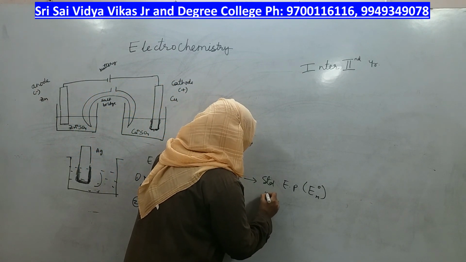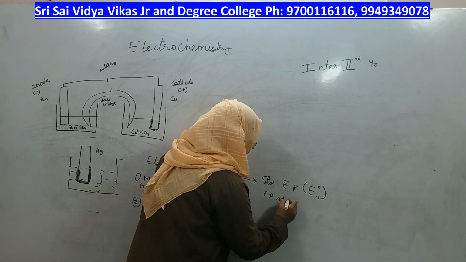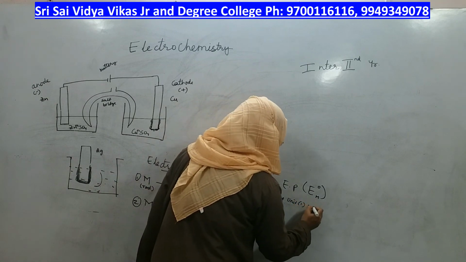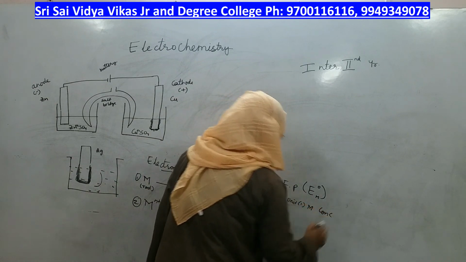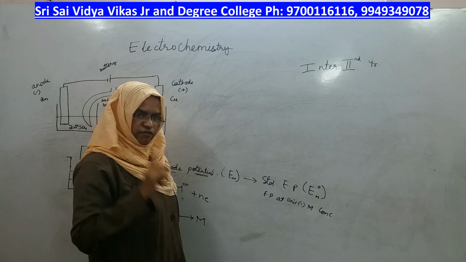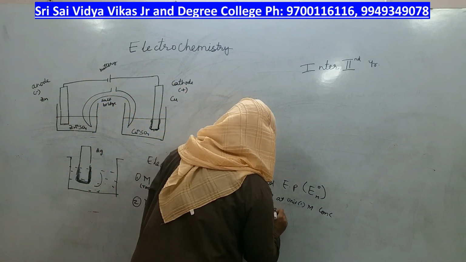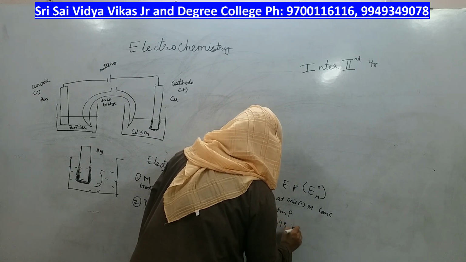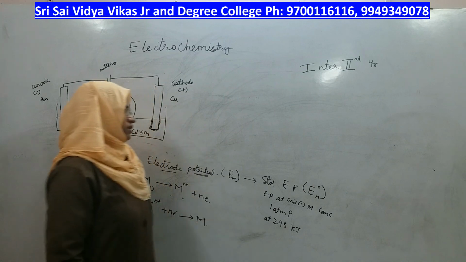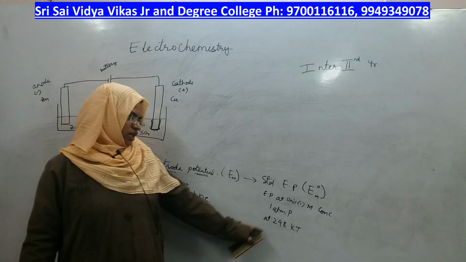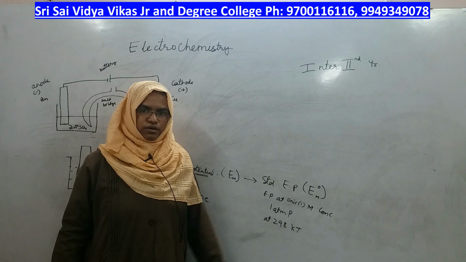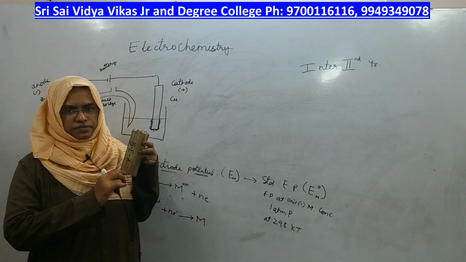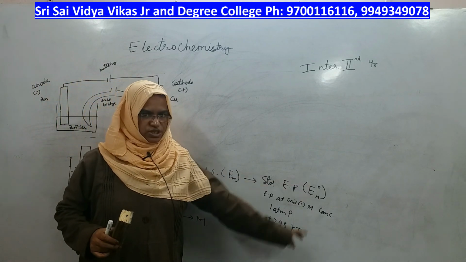It means electrode potential at unit concentration or molar concentration. At 1 molar concentration, at 1 atmospheric pressure and at 298 Kelvin temperature, the capacity or the potential of only one atom is called standard electrode potential.